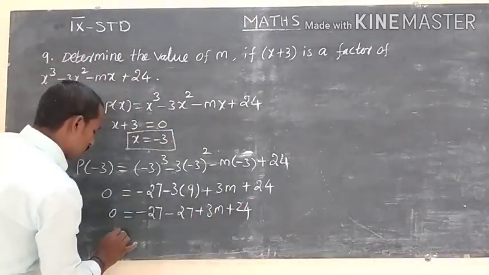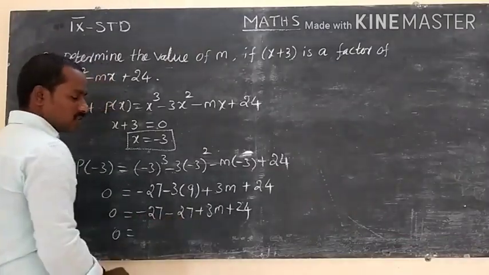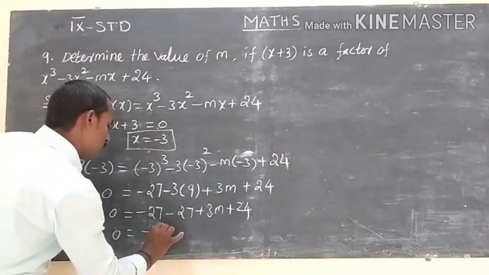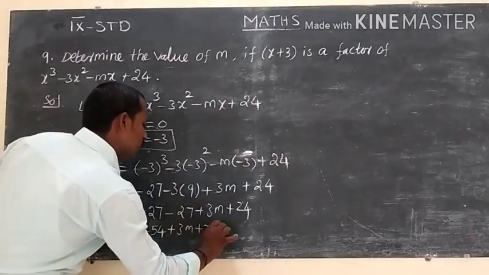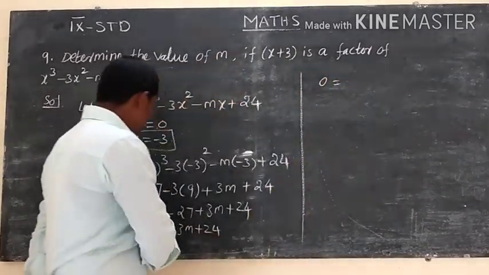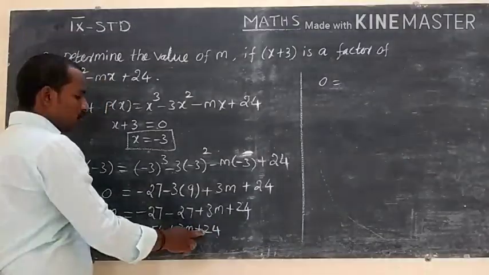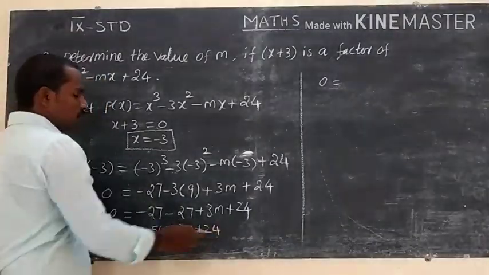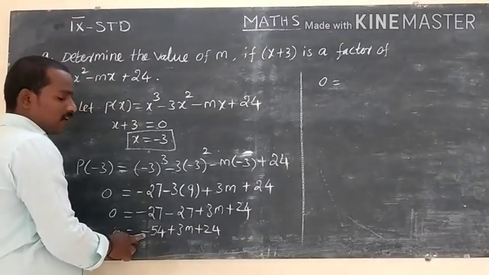Then 0 is equal to minus 27 and minus 27, totally minus 54 plus 3m plus 24. Consider the numerical values minus 54 plus 24.